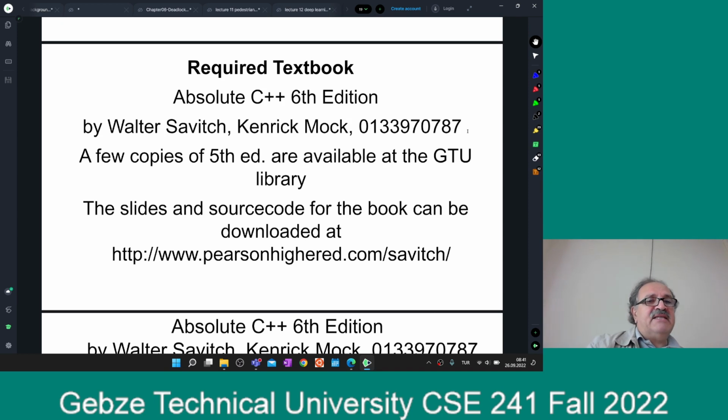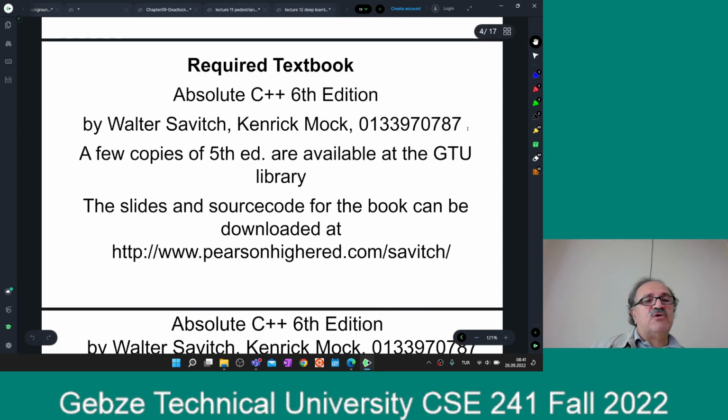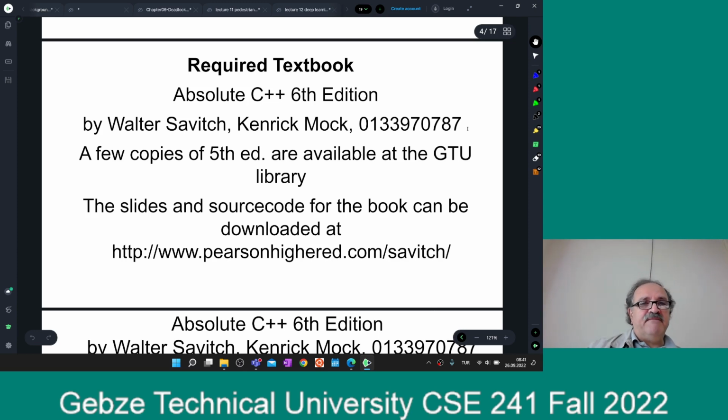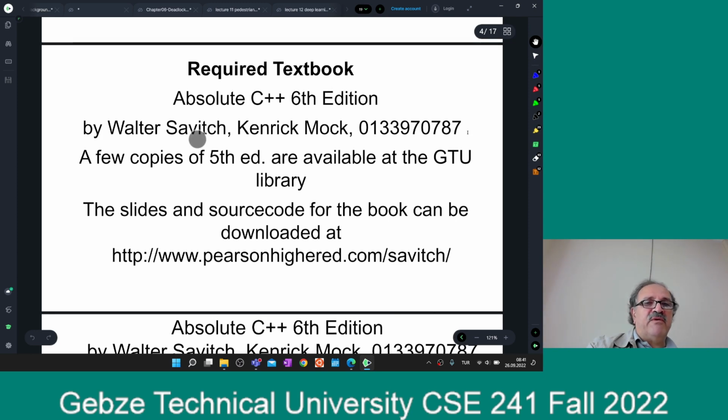The slides and the source code and some other course material about the book are all available at this web address, the Pearson Higher Education site, under the name Savage. Savage is the name of one of the writers of the book. He's a very famous computer scientist, and he has this book.